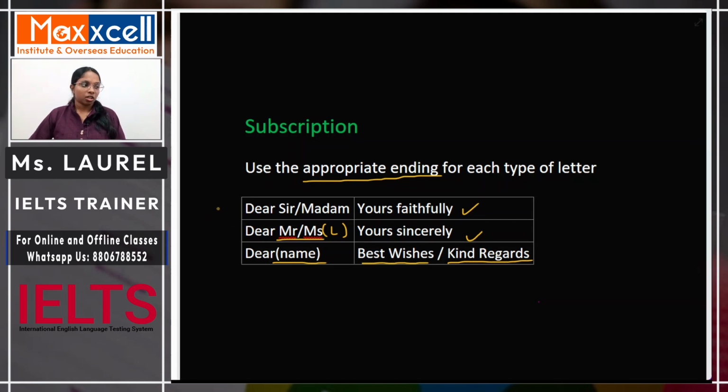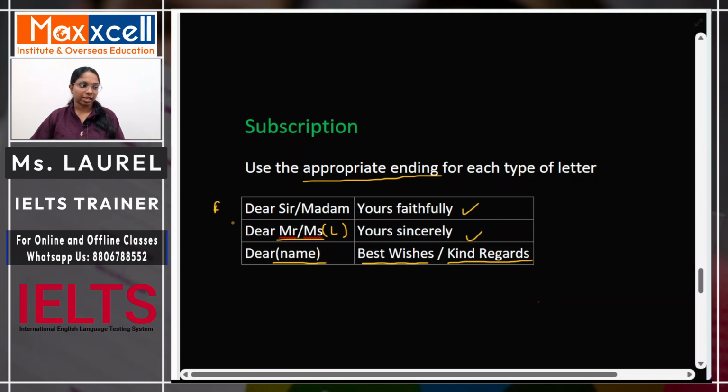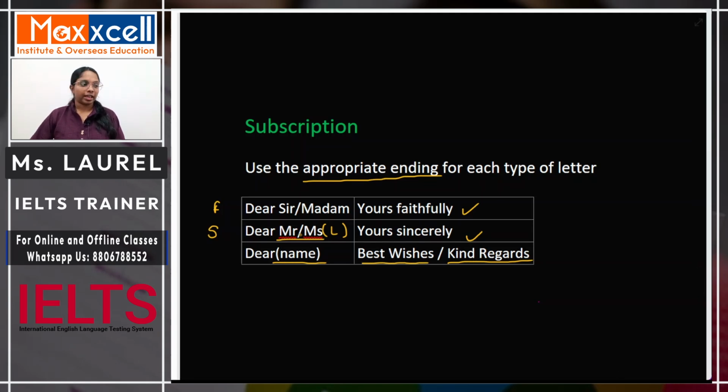Okay, let's recap. The first one is for formal letter. The second one is for mostly semi-formal, can be for formal also. If you have written the name of the person, the last name, then you might have to end with yours sincerely, even for a formal letter. But mostly a semi-formal letter is the letter where we usually write their surnames.